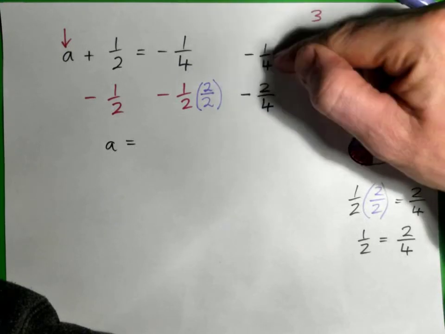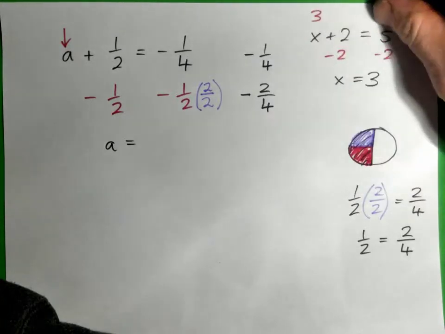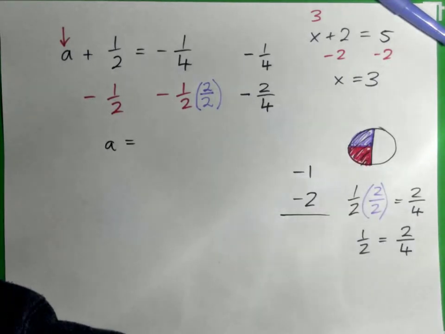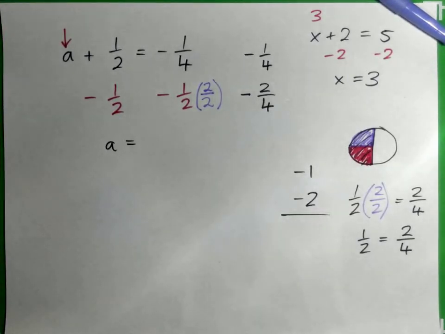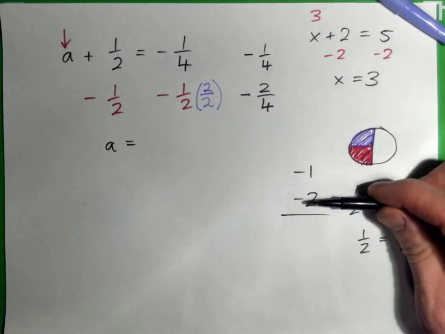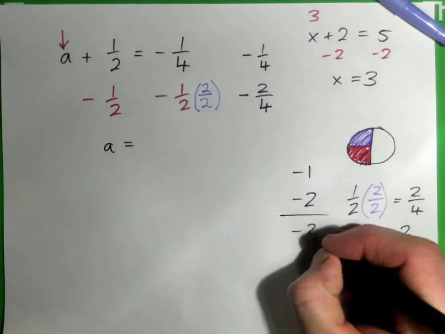So now we have negative a quarter, subtract 2/4, which is kind of like having negative 1 minus 2. What's negative 1 minus 2? It's like saying I'm in debt by $1 and now I need to subtract $2. What would I get? Good, negative 3. Now you're in debt by 3.